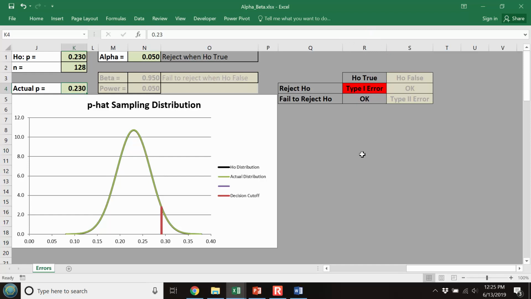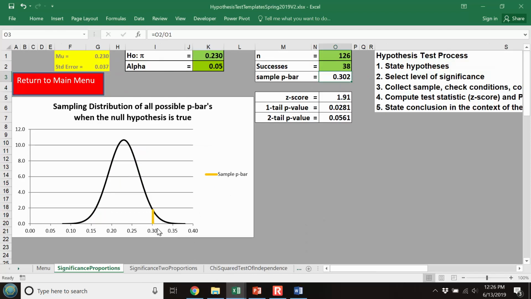We haven't made a decision yet because there's no sample data here. But what we choose is how far out here does the sample value have to be to say, that's really unusual. I don't think it happened. I'm going to reject this. Go back to this one. How far out, this is the sample, how far out does this sample have to be?